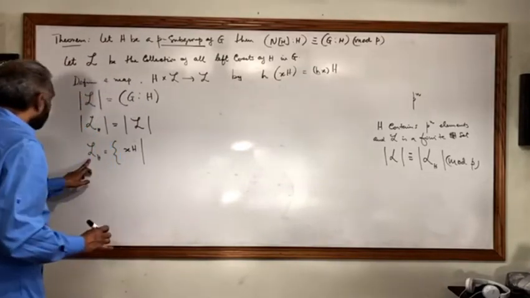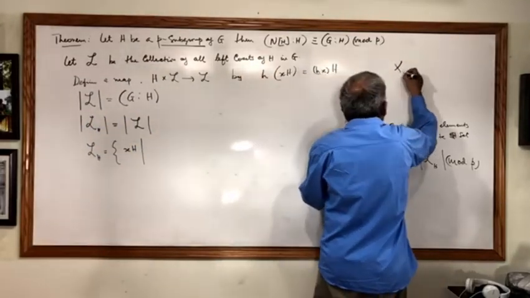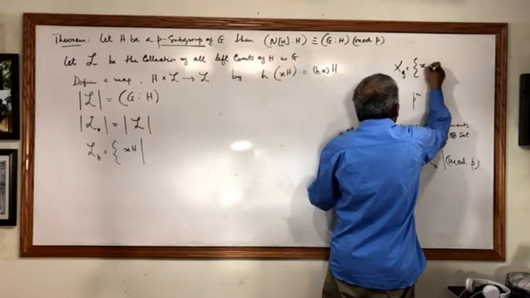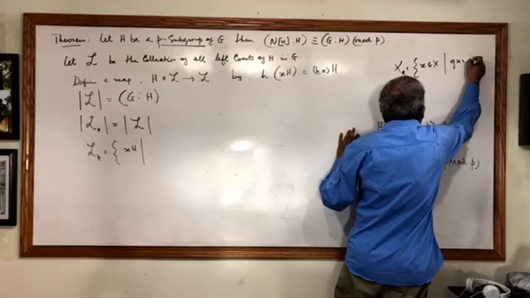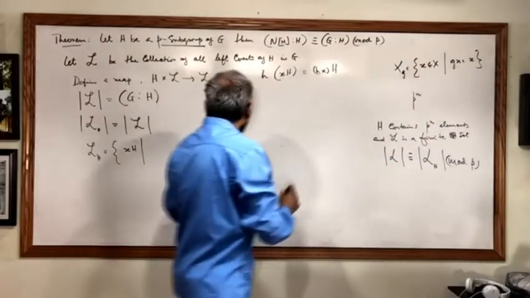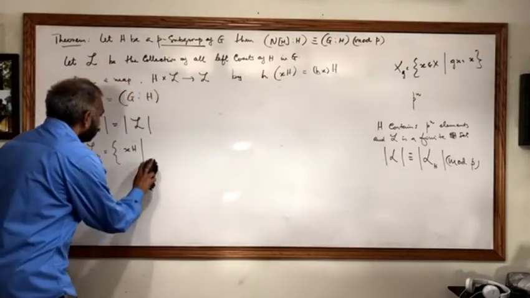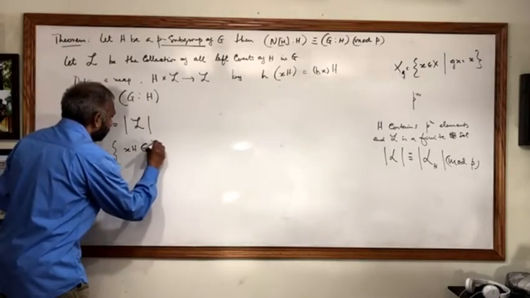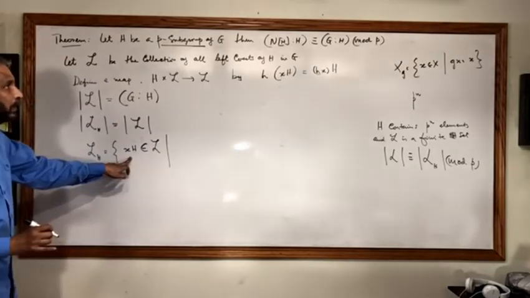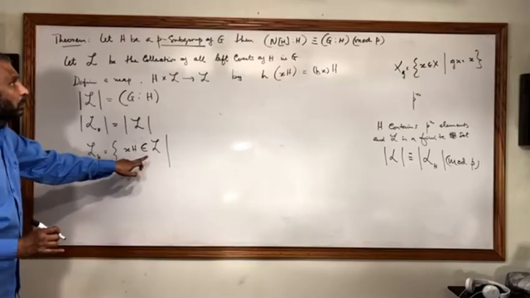How do you define X_g? It is the set of x in X such that gx is equal to x. So x belongs to L such that gx is equal to x.